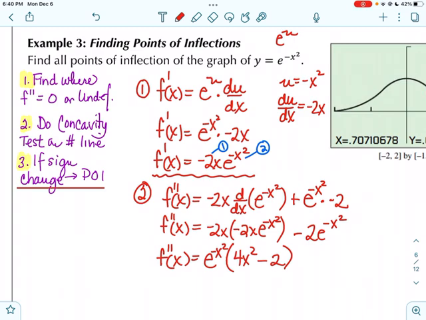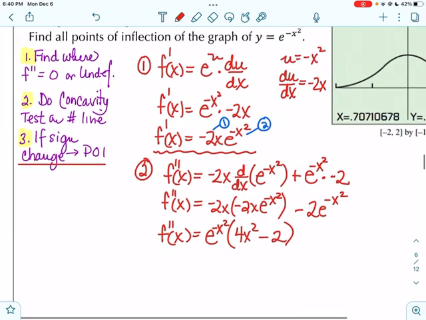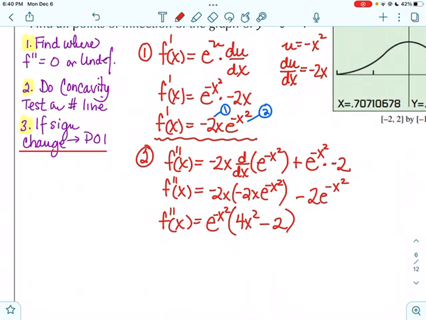Okay, and so now I want to find out where f double prime is equal to 0. This is really step 1 of the steps that I gave on the side. So where is this equal to 0?